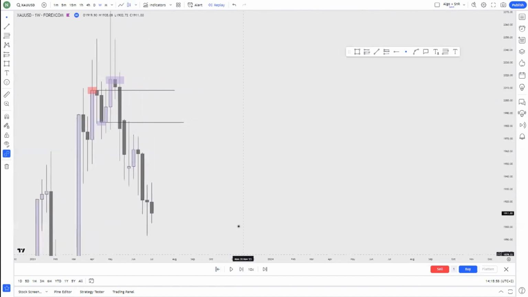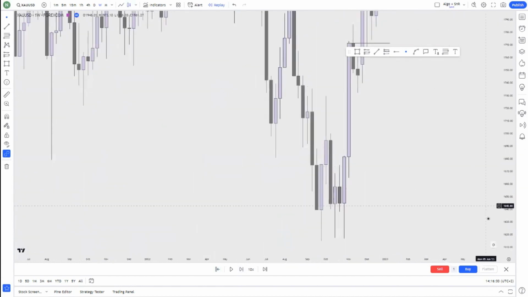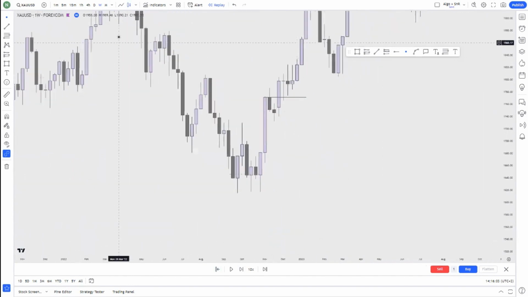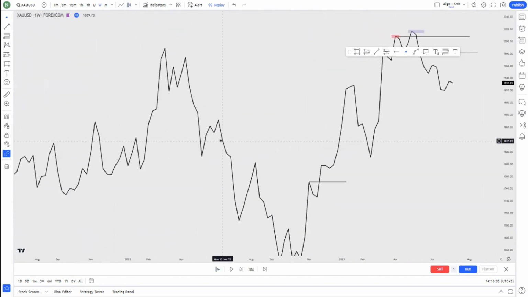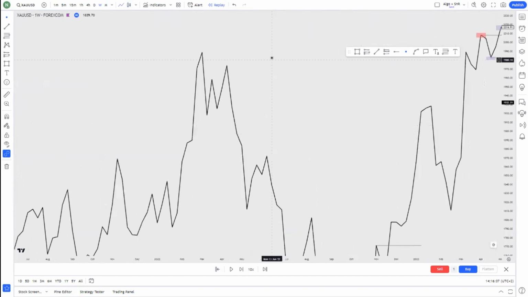So it's just very simple. I know that it's a bit confusing, but it's just very simple. So an A, I want to see something like this. So an A, a V, it failed to give us a break and retest right here.